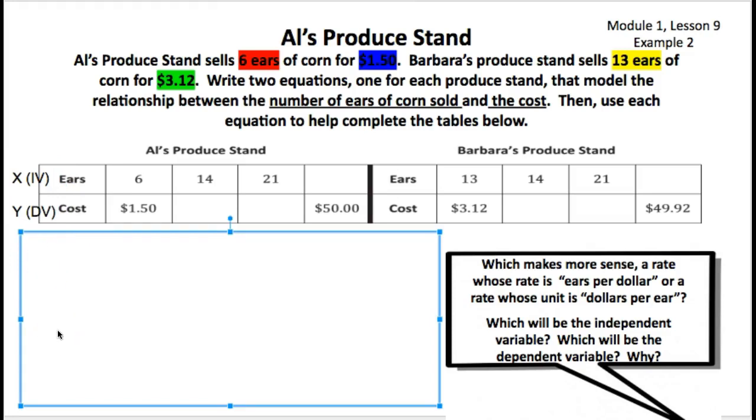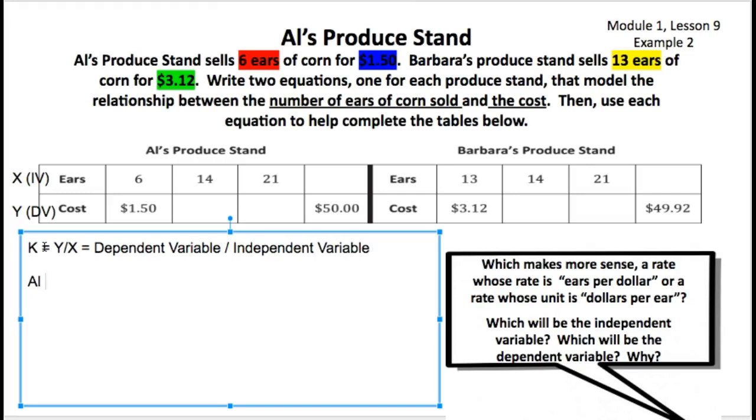Our cost is our dependent variable because the cost depends on the number of ears of corn purchased. So as a reminder, K is equal to Y over X, which is also equal to our dependent variable divided by our independent variable. Let's find an equation for Al and Barbara now.